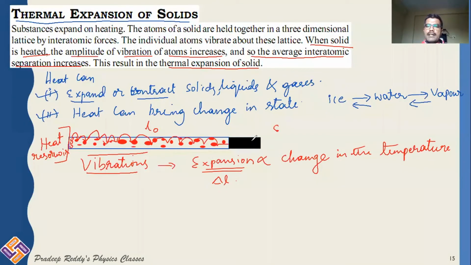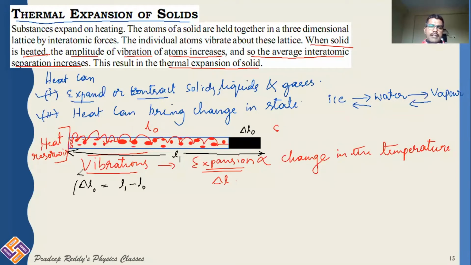The black color represents that because you are providing heat energy, it is absorbing heat energy and there is an expansion observed. This expansion I can write as delta L, and L1 is the total length after expansion. So delta L is equal to L1 minus L naught.